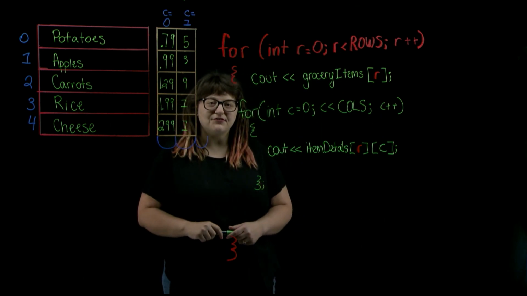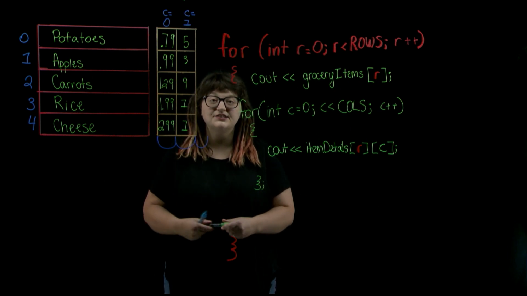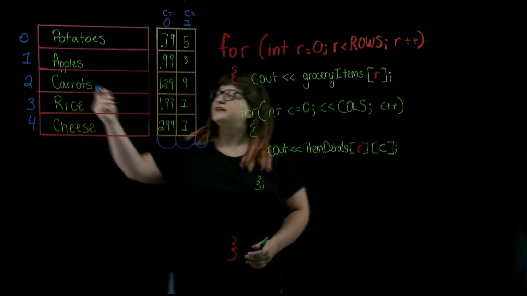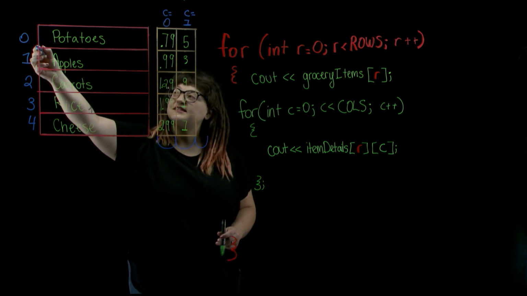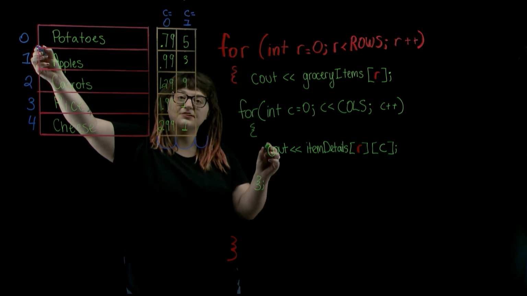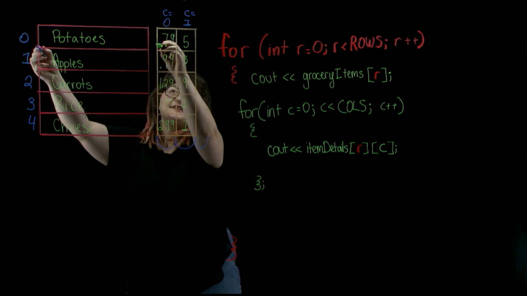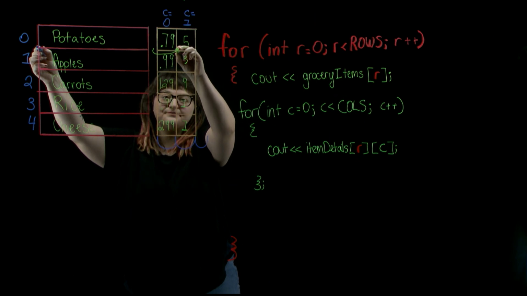So now let's go ahead and go through this. R is going to start at 0, right here. And it's going to display our first grocery item and then move into our nested for loop, which is going to start at 0, 0. And then it's going to increment C to 1, which will take us over to our next column.